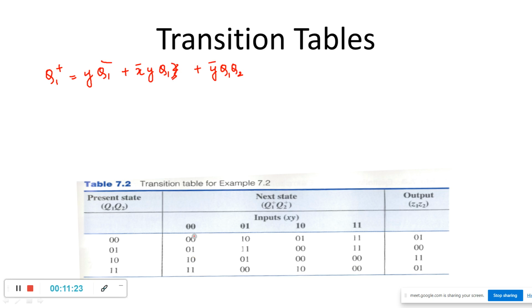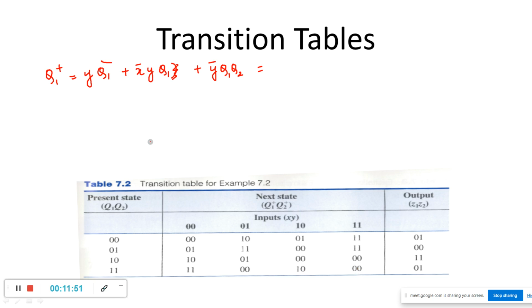Now you need to substitute 0 0 in place of xy, next 0 0 in place of q1 q2, and tell me the value. What is the answer for the first one? This is q1 plus, this is q2 plus.